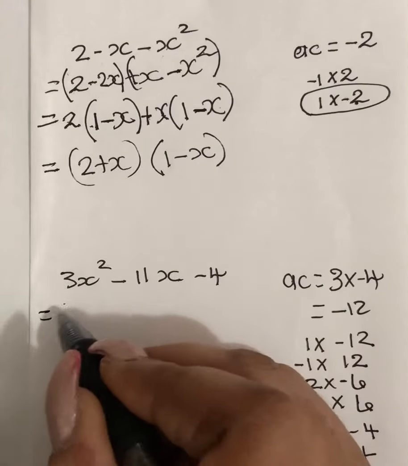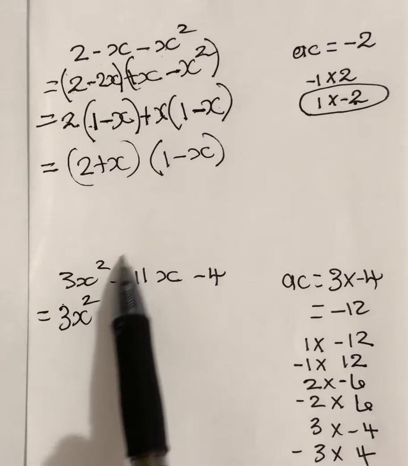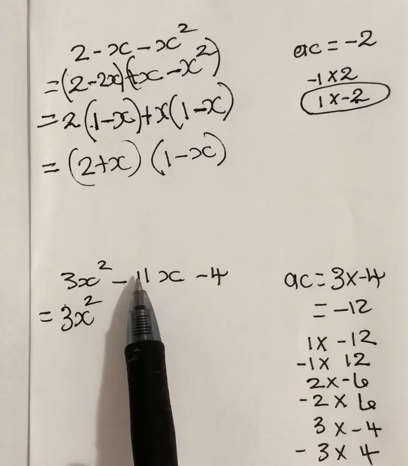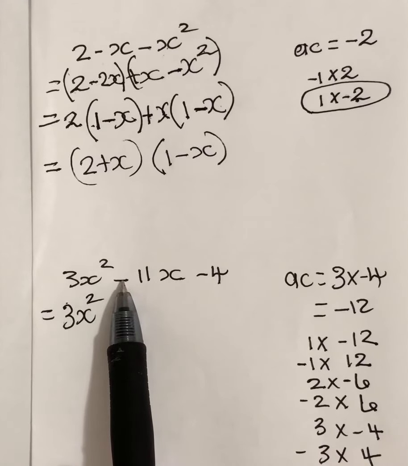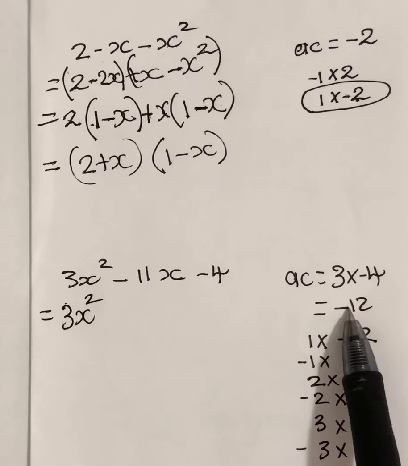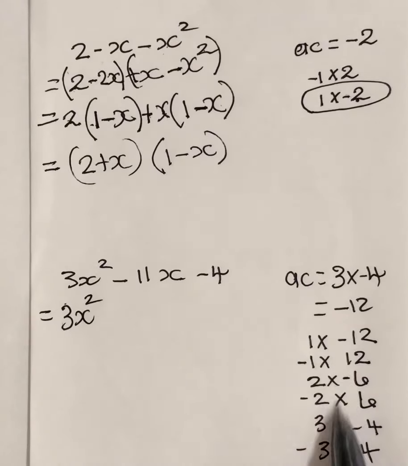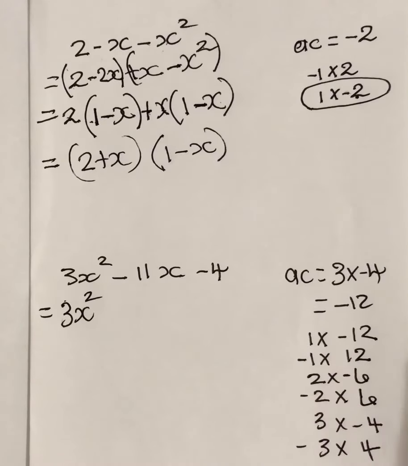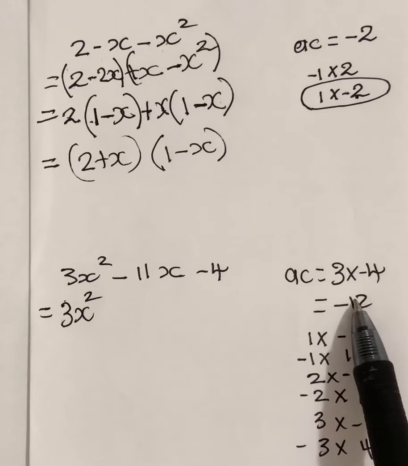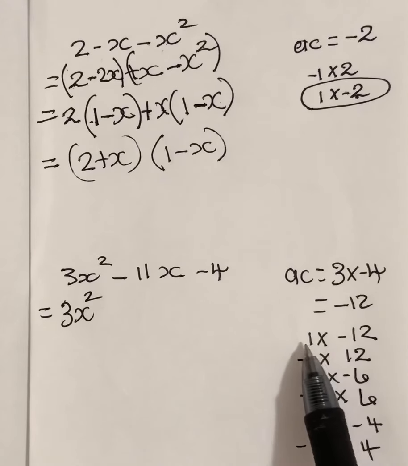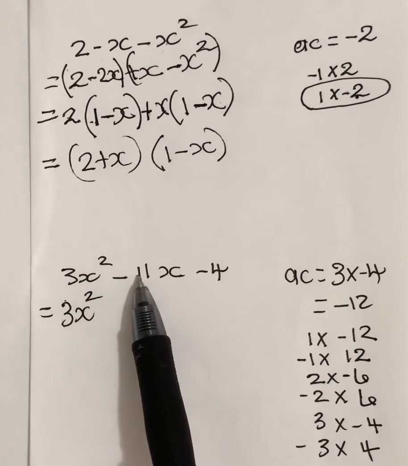Like I said, we rewrite our ax squared. We're not going to write this. What we want would be two numbers. When we add them, we get negative 11. But when we multiply them, we get negative 12. Let us look at these multiplying factors we wrote. 1 times negative 12 is negative 12. 1 plus a negative 12 is negative 11.